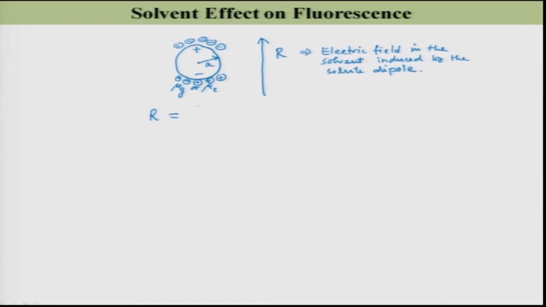R is written as twice mu by A cube into F, where F is the polarizability of the solvent, and A is the radius of the cavity, that means relative to the size of the molecule.